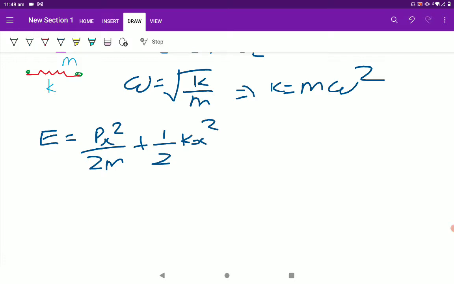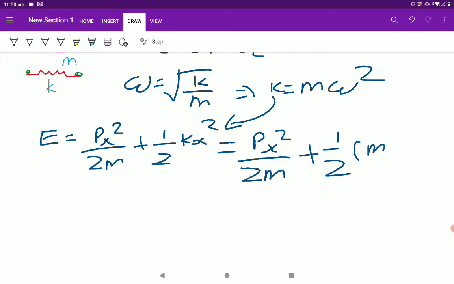Now putting the value of K in this equation, we get the equation as follows. So Einstein said that it is true that each atom oscillates with the frequency omega, which is the same for all the atoms. So all the atoms are independent, and since we have translational symmetry in the crystal, all atoms have the same potential, same frequency, and same value of spring constant K.